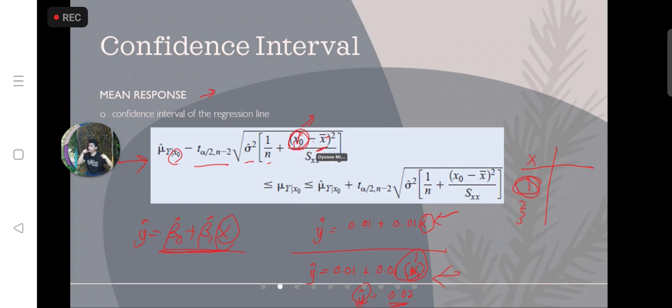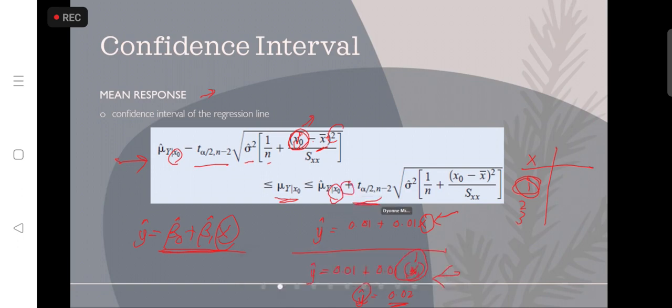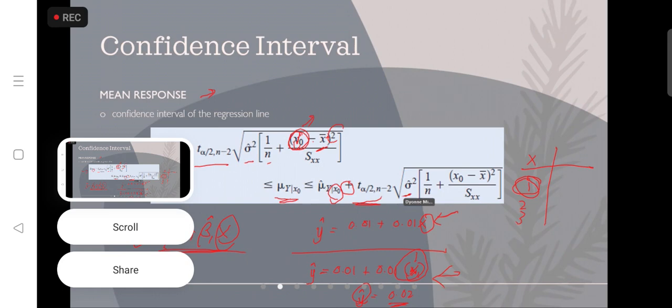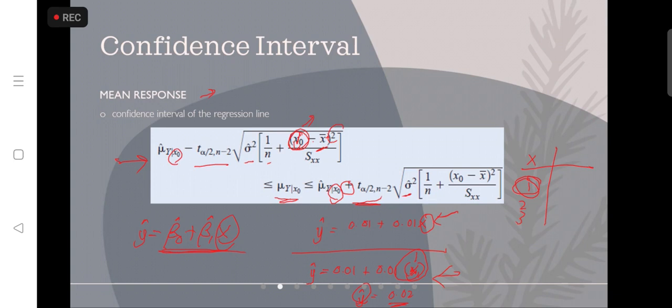And then the difference will be squared, and then less than or equal to mean at x0, less than or equal to mean hat at x0 plus the value of t times the square root of the estimator of variance times 1 over n plus x sub 0 minus x bar squared over s of x.